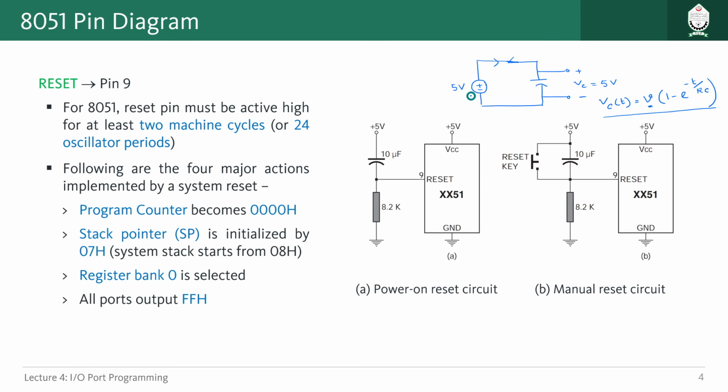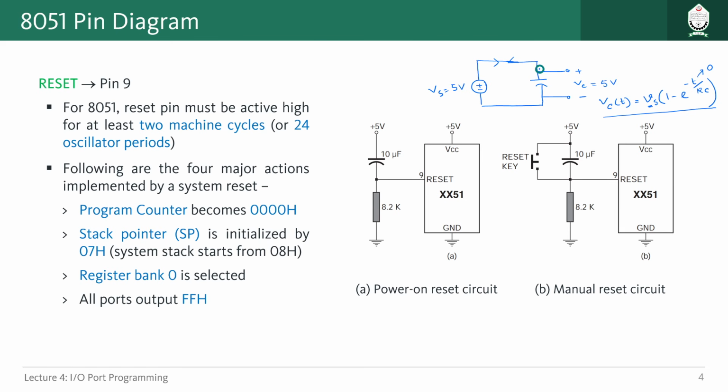This V is the supply voltage, so let us call that Vs. In this equation, which gives us the voltage across this capacitor, if you take t equal to 0, then what will happen? We know e to the power 0 is equal to 1, so 1 minus 1 equals 0. So initially the voltage across this capacitor will be 0.